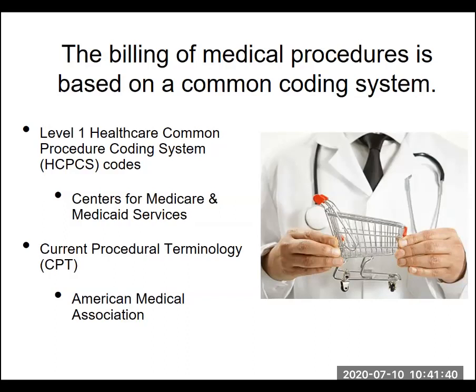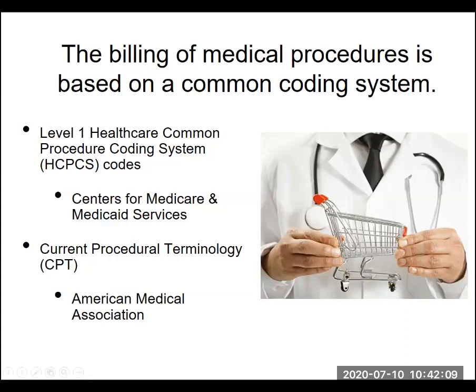And so there's going to be a common coding system that's used in the US healthcare system. One of those very complicated names, the Healthcare Common Procedure Coding System codes, the HCPCS, and these are going to be used for Medicare and Medicaid services. So you can find that if you're using insurance, or if you've got coverage through Medicaid or Medicare.